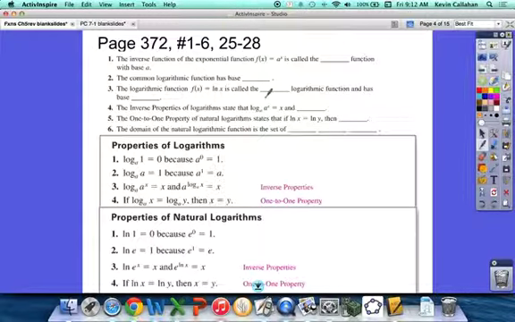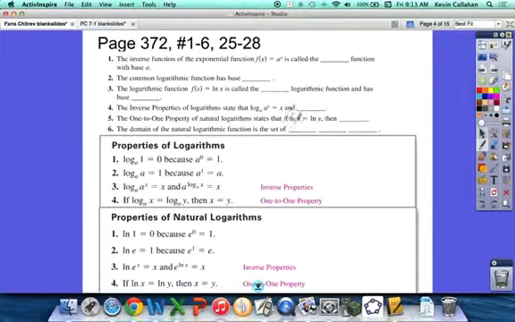The logarithmic function f of x equals ln of x is called the natural logarithmic function and has a base of e. The inverse properties of logarithms state that log base a of a to the x equals x, and a to the log base a of x equals x. Doesn't matter the order you put those two together, they cancel each other out.